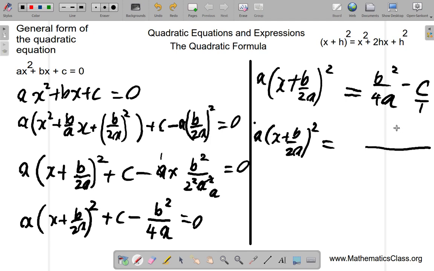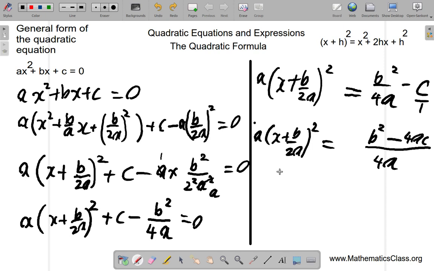Remember how we subtract two fractions. The LCM of 4a and 1 is 4a. 4a into 4a goes 1 time. 1 times b squared is b squared, minus 1 into 4a goes 4a times. 4a times c is 4ac. Okay.